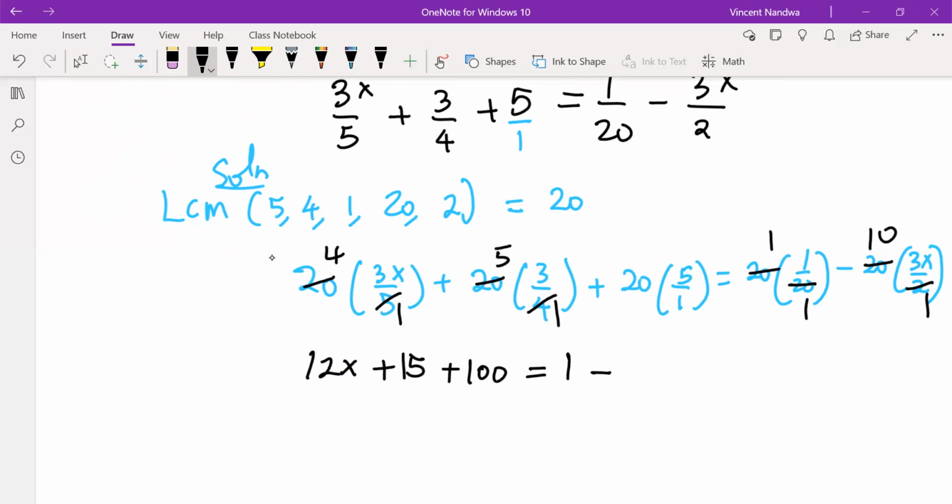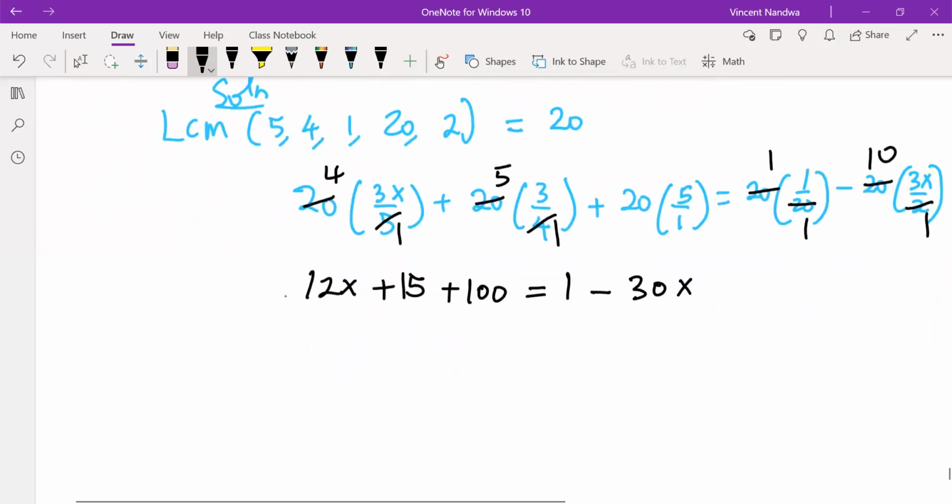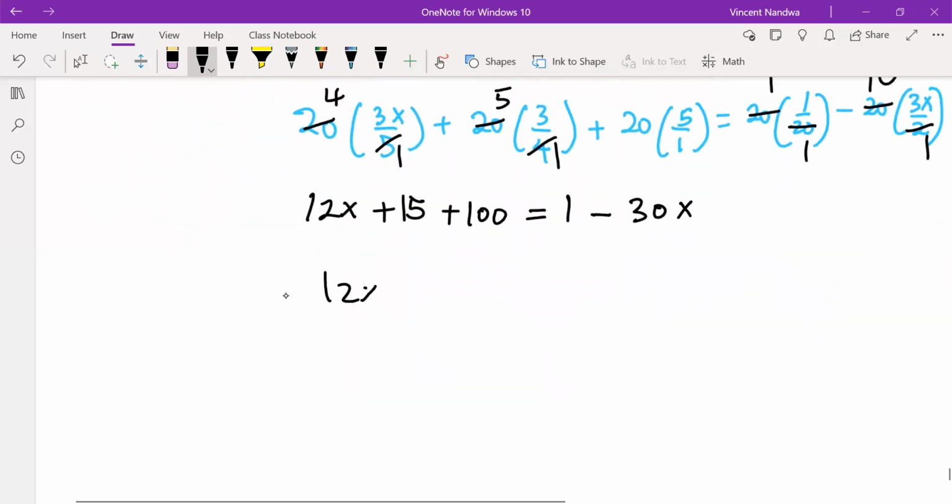Then 10 times 3x is 30x. So we'll have 12x plus 115 equals 1 minus 30x.